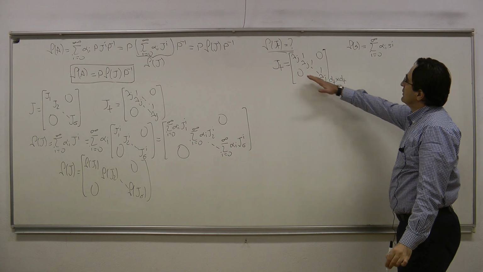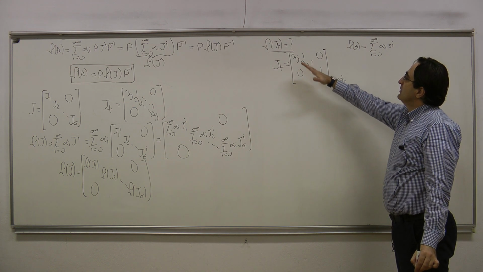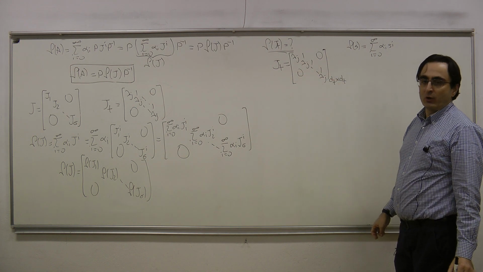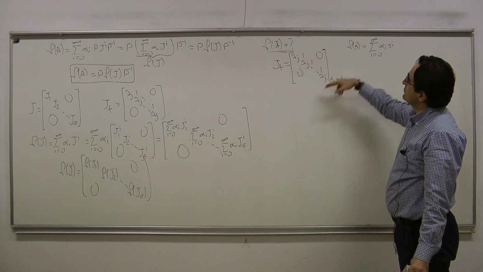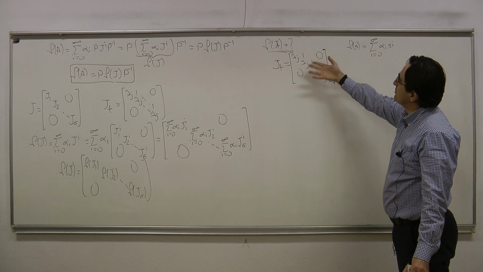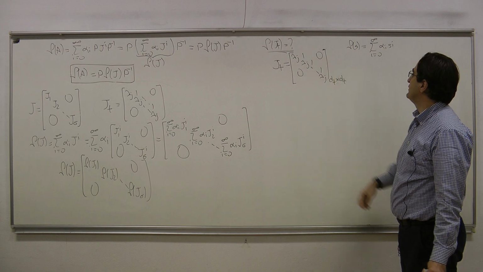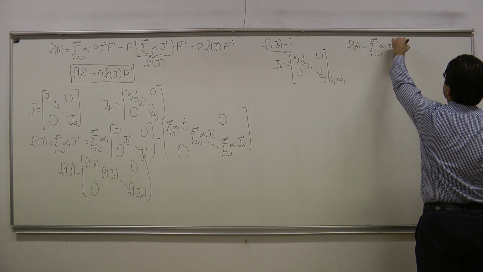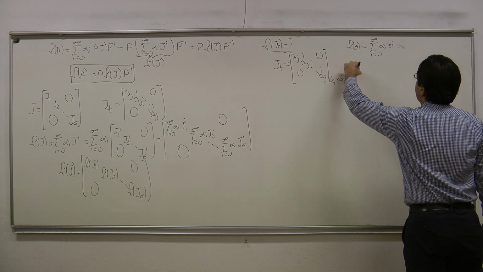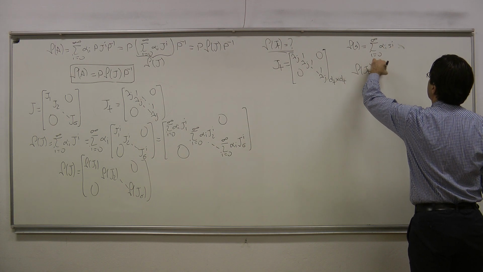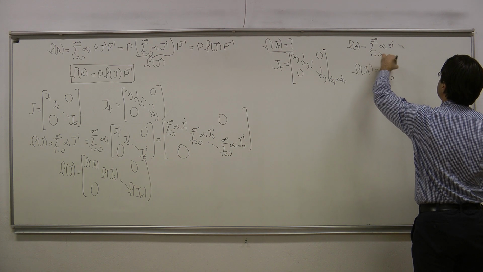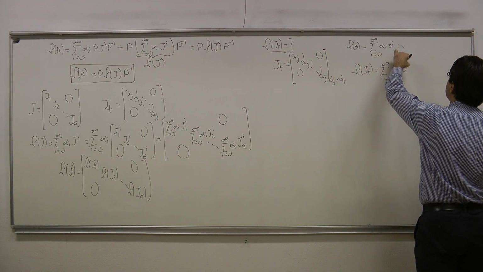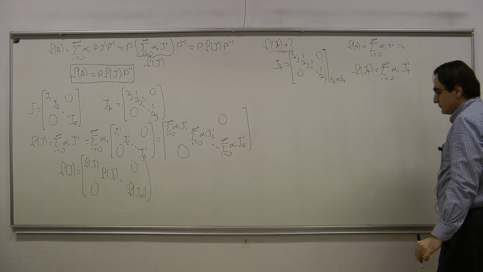So in general, if lambda j is not actually 0, then when you take the powers of this matrix JT and use this expansion, I am going to get f of JT as follows: the sum over i from 0 to infinity of alpha i JT to the power i.